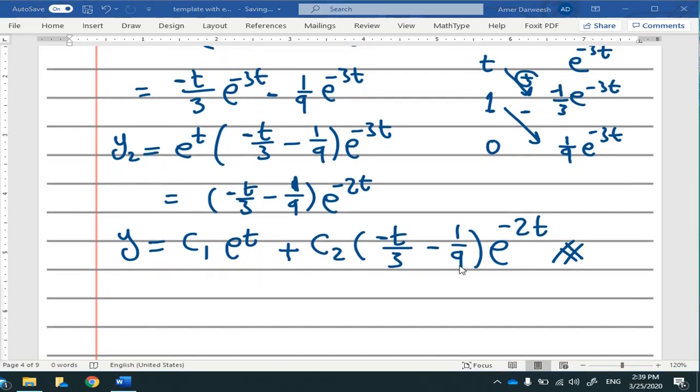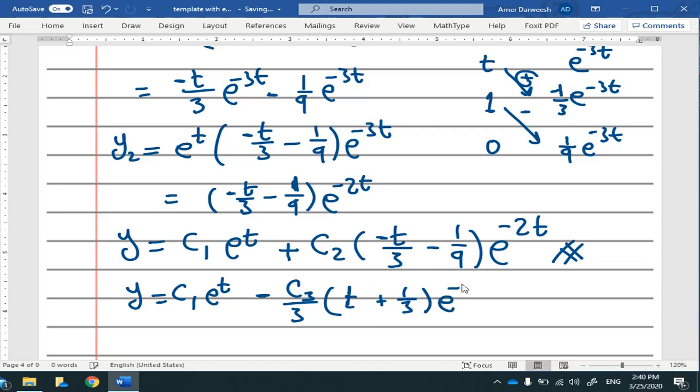Also notice that one can factor out 1 over 3 with the constant c2. If you factor out, you can write this as c1 e to the t minus c2 over 3, and I will take minus as a factor also, so I have (t plus 1/3), or you can factor out 1 over 9 if you wish, it's fine.